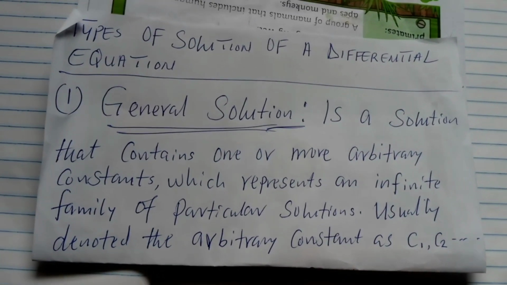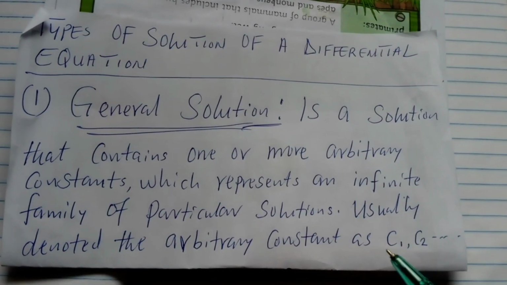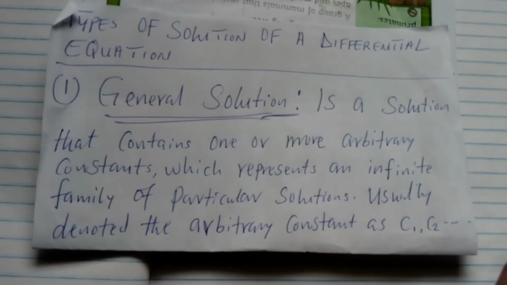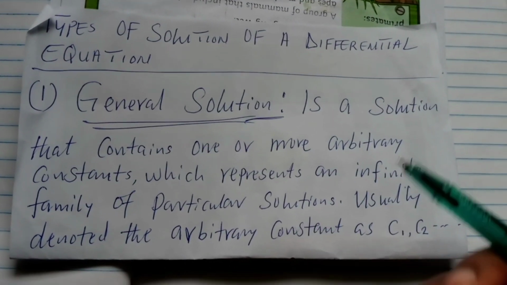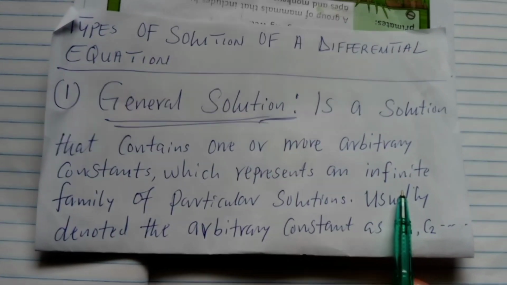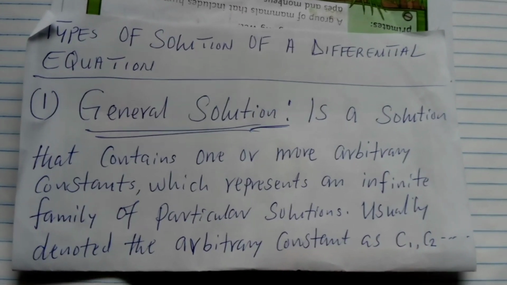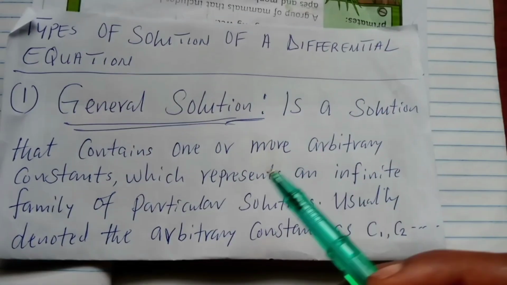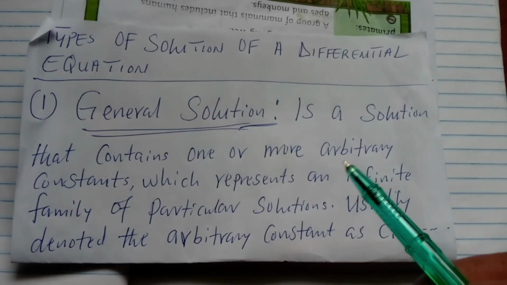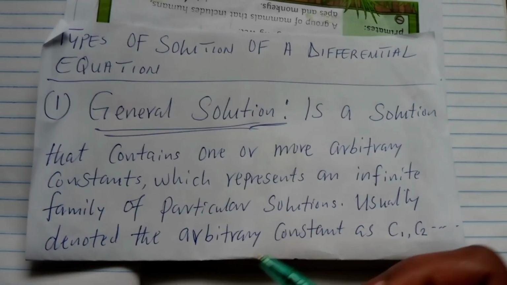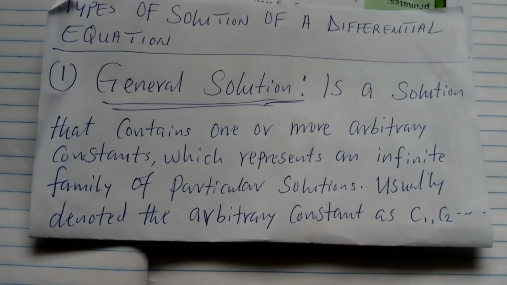For example, when you see 2x squared plus 3x plus c, see that that c is a constant, and that c can be 20, can be 100. So we don't know the actual specific value of that c. That's why I say a general solution contains one or more arbitrary constants which represent an infinite family of particular solutions. I will explain that more in our example.